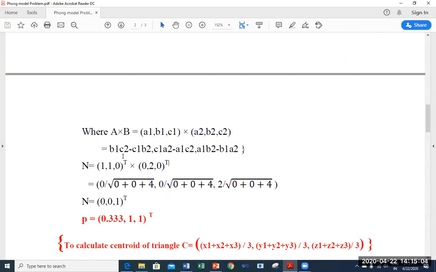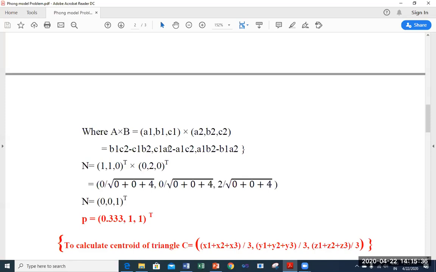B1 C2 minus C1 B2: here B1 is 1 and C2 value is 0, so we get 0.